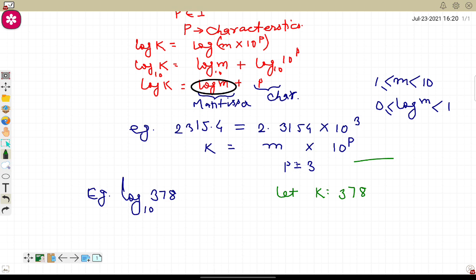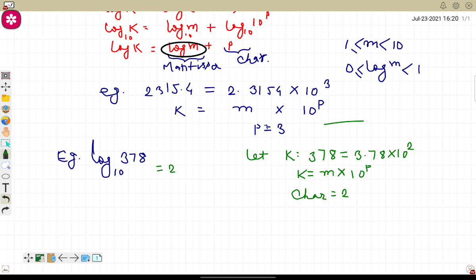We can write 378 is equal to 3.78 into 10 raised to the power 2, because we need to write k is equal to m into 10 raised to the power p. So you can find the value of p. P is called characteristics, so our characteristics for this number is equal to 2. So first write 2 here. So the first value is 2.